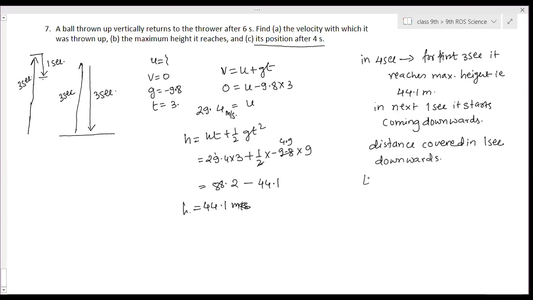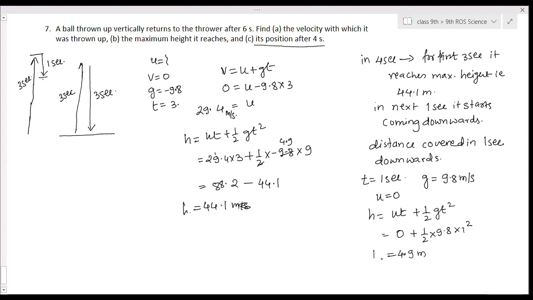So in this case, time is equal to 1 second, g is equal to plus 9.8 meter per second squared, u is equal to 0. So h is equal to ut plus half gt square. 0 into 1 is 0 plus half into 9.8 into 1 square, that is equal to 4.9 meters.